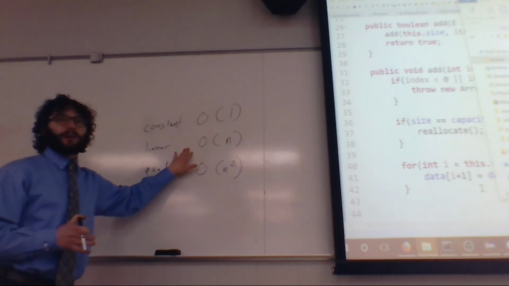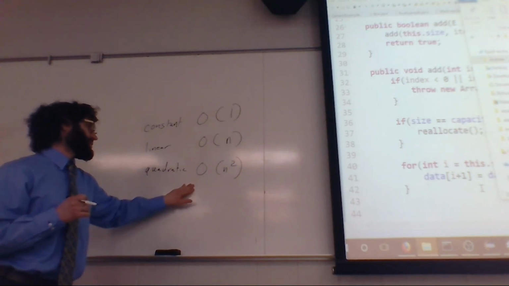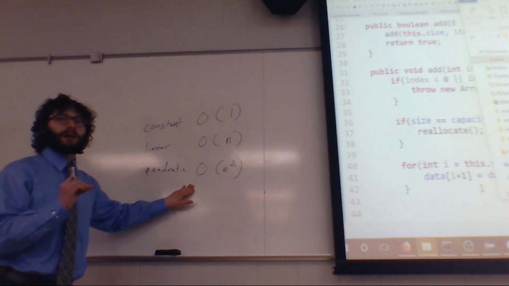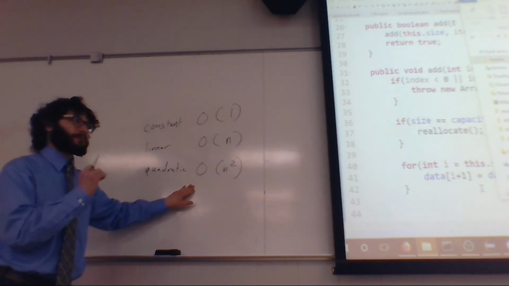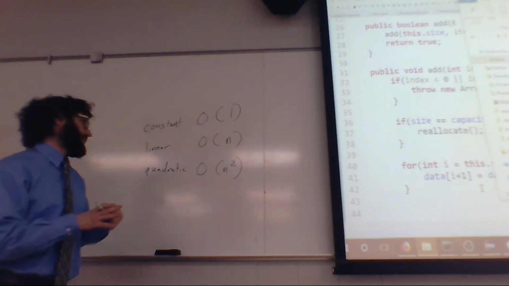A linear time operation means that the bigger your input is, the more time this is going to take. And quadratic means that basically if you increase the size by 1, then you increase the overall work by n. And I'll get into how that works out.